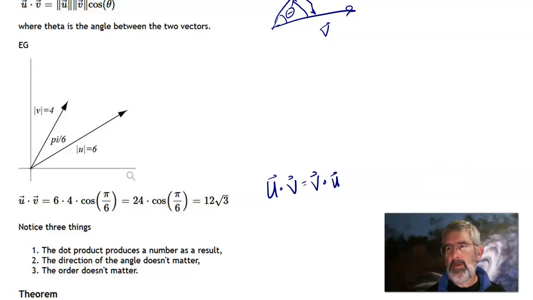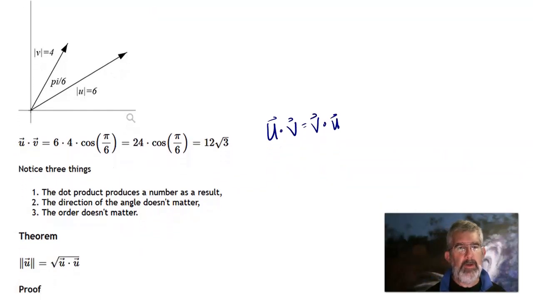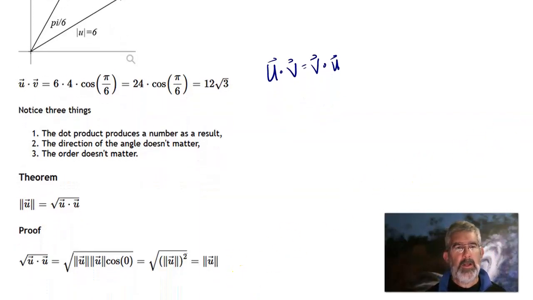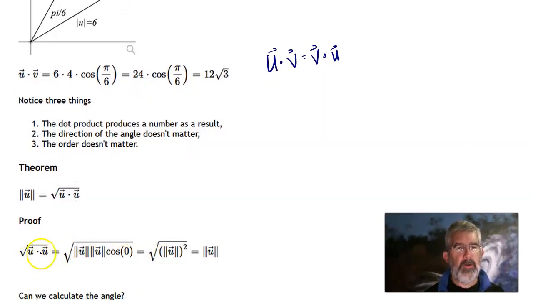Now I have a theorem. What's my theorem? My theorem is that the length of a vector is the square root of the dot product of the vector with itself. Well, the proof is reasonably easy here, because the square root of the dot product is the square root of the length of the first vector times the length of the second vector times the cosine of the angle in between them. Well, if my two vectors are the same vector, u and u, what's the angle in between those two vectors?